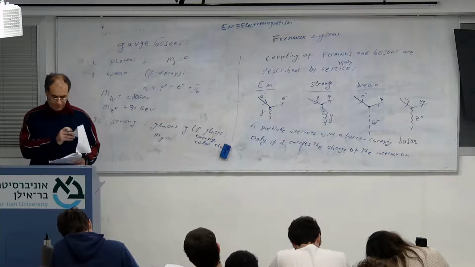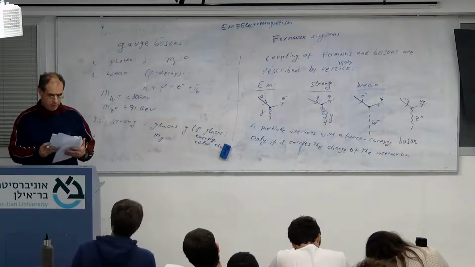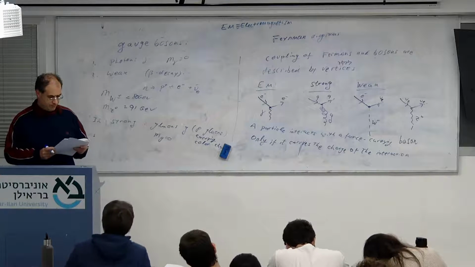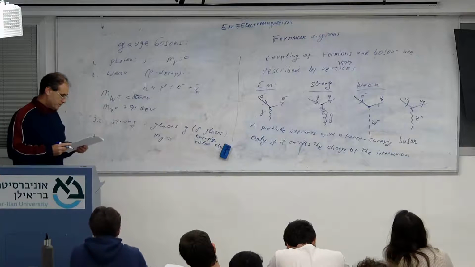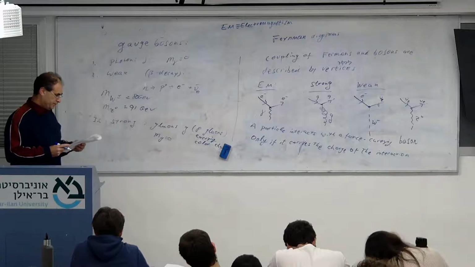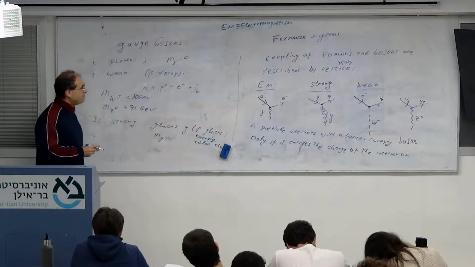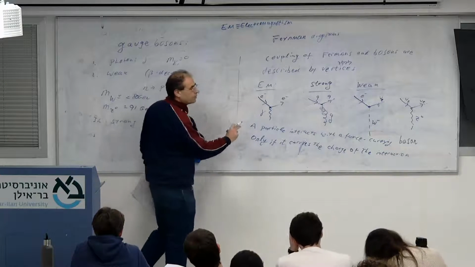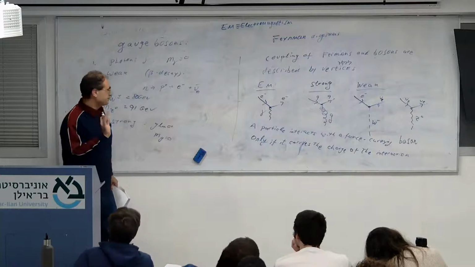Within a Feynman diagram, the vertex is the location where particles are created and destroyed.